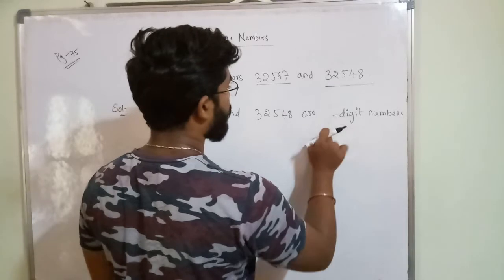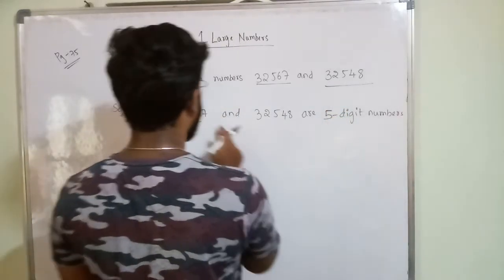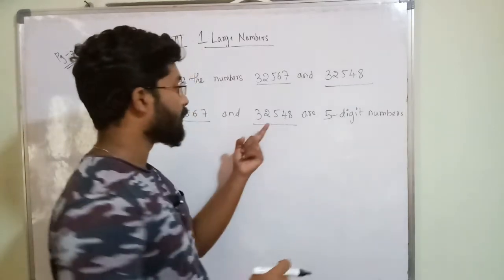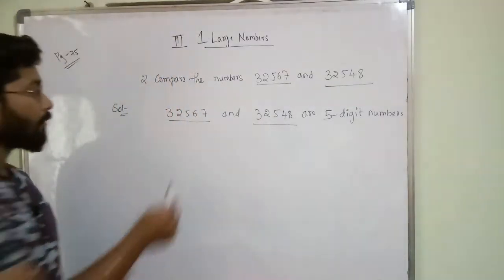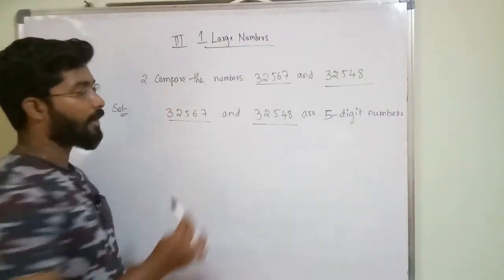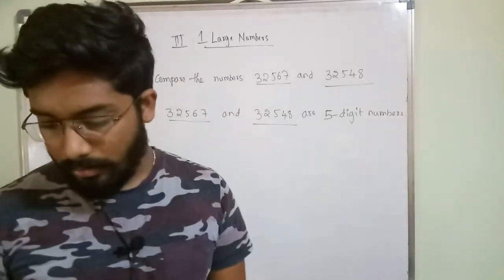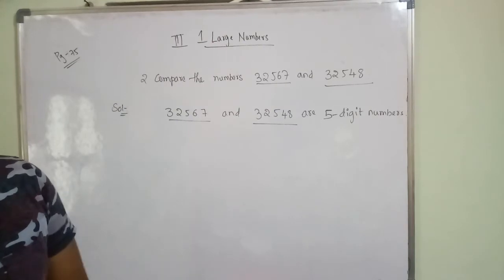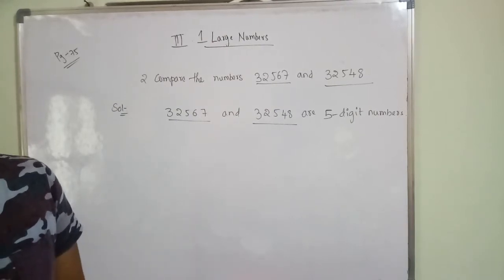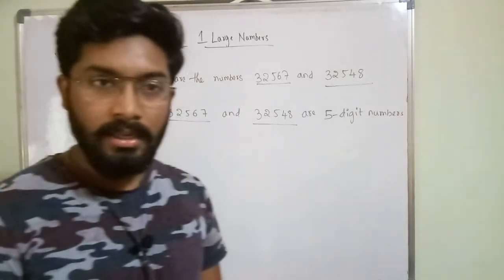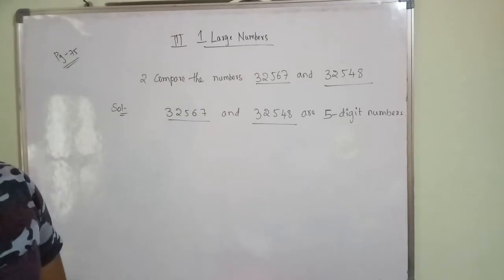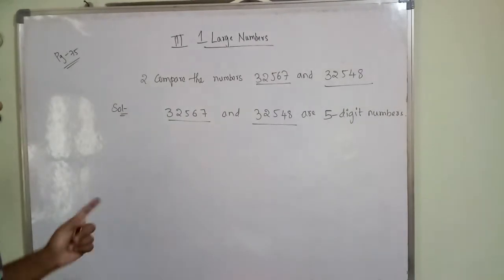I was thinking they are only up to 1000. 32,567 and 32,548, how many digits? 1, 2, 3, 4, 5. These are 5-digit numbers. One more statement is there for you, the third statement: comparing from the left of the numbers, the number with the greater digit in the same place is the greater number. That is one way to compare.